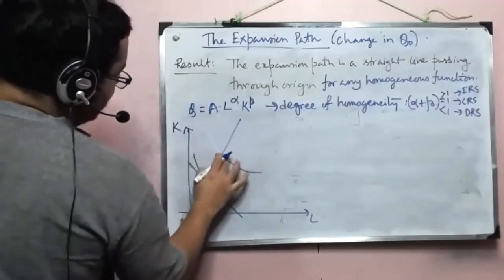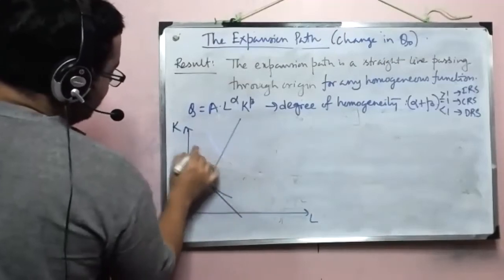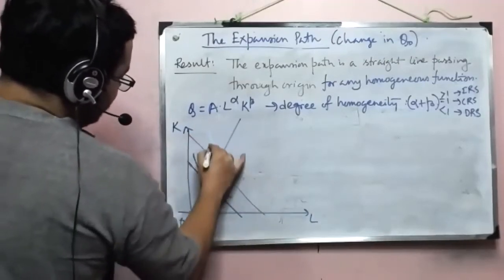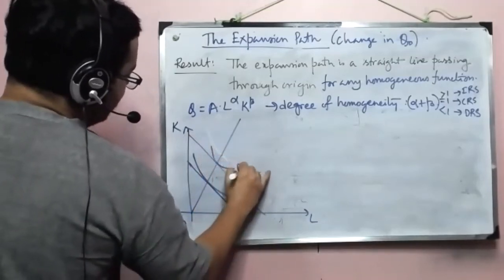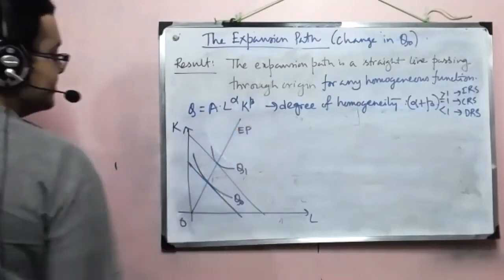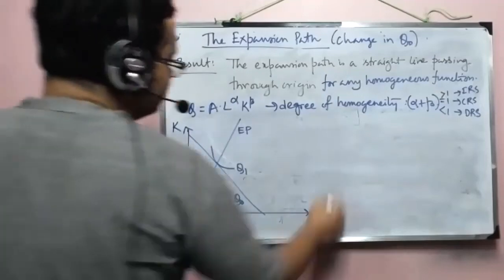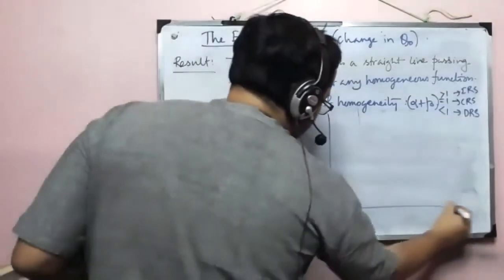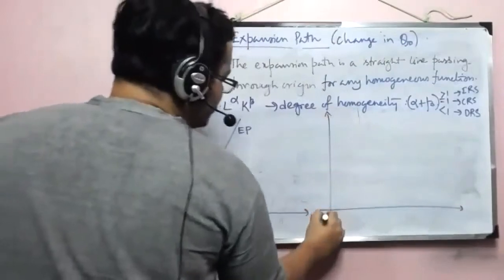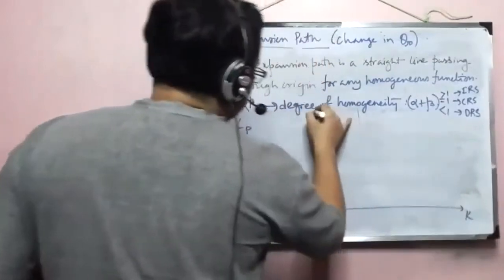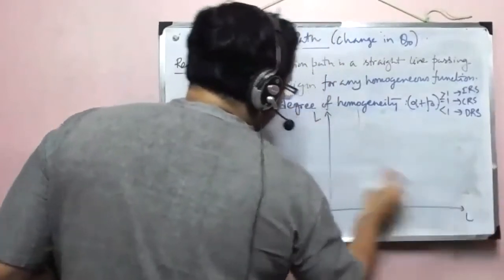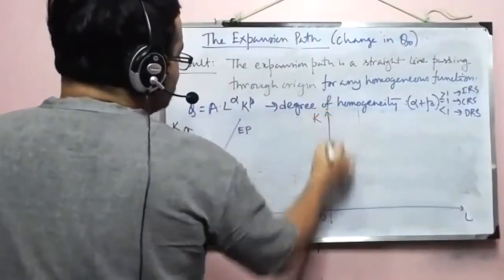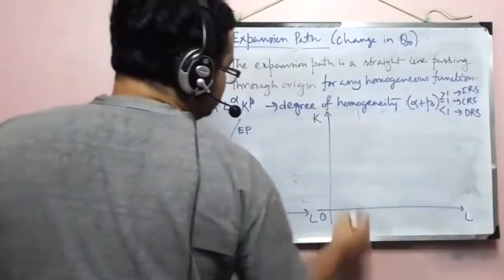So our expansion path goes like this. Okay. But in general, there is no rule like this at all.